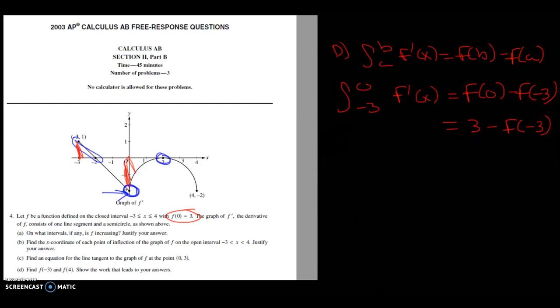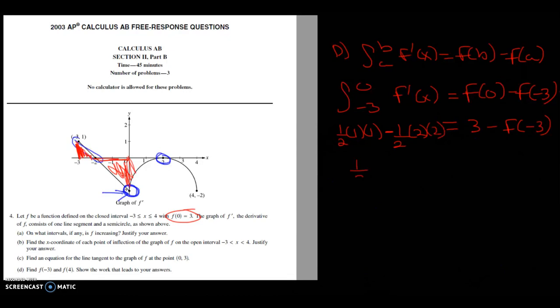Okay, so now we need to find the integral from -3 to 0. Luckily, we can find this by finding the area over here. So now we're going to have 1/2 times 1 times 1 minus, what's this, 2 by 2? Yeah, 2 by 2. So 1/2 times 2 times 2.